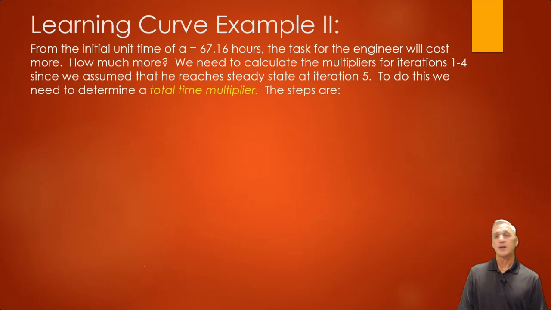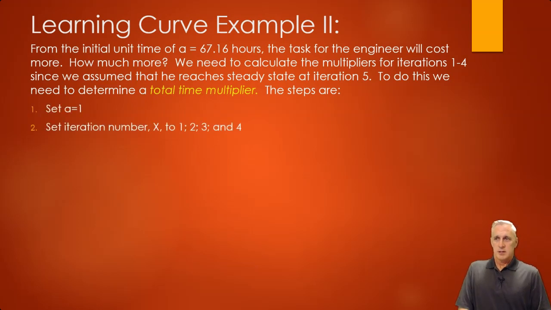Okay, so if we know that's the initial time, 67.16 hours, maybe we want to calculate the total time it took them to go through iterations 1 through 4 and iteration 5. So we can set A equal to 1, set the iteration number from 1, 2, 3, and 4.